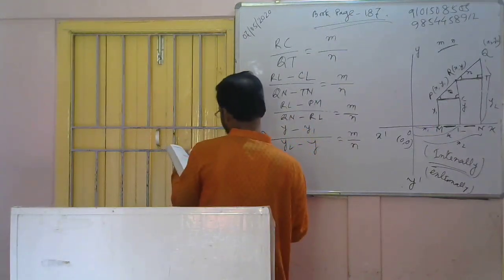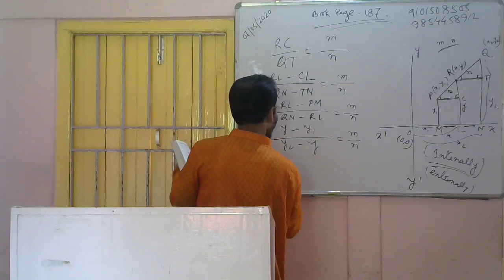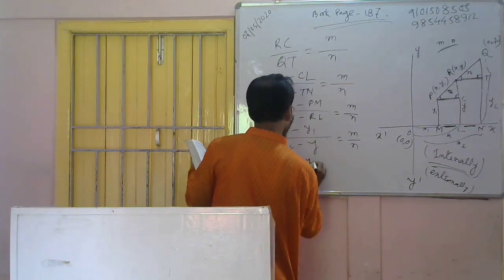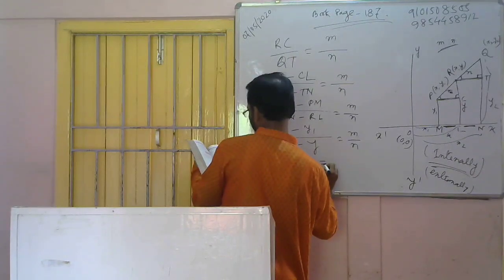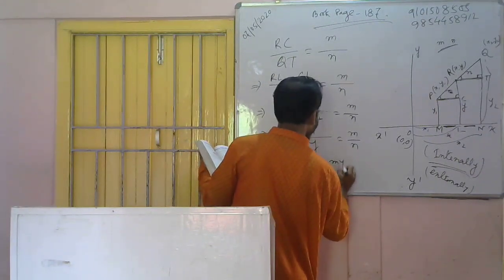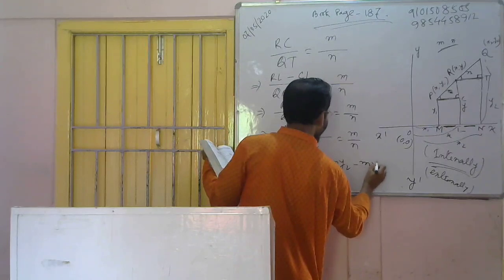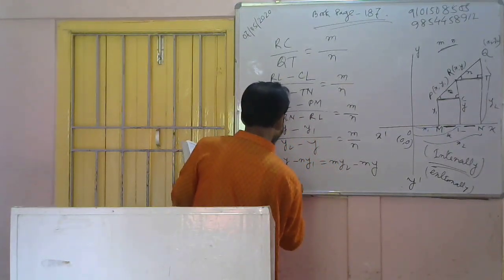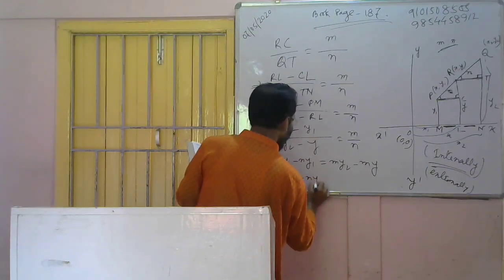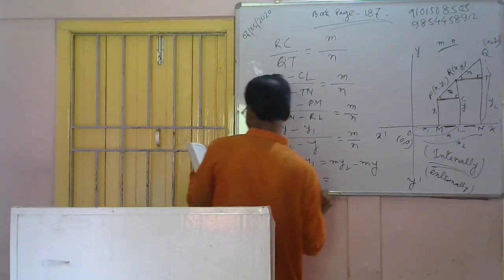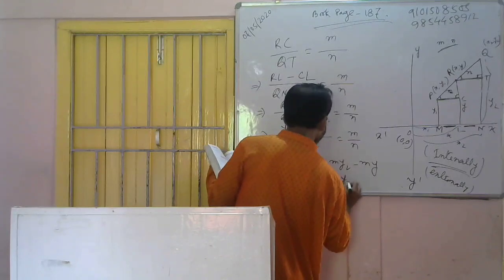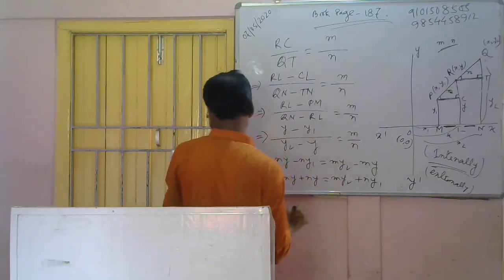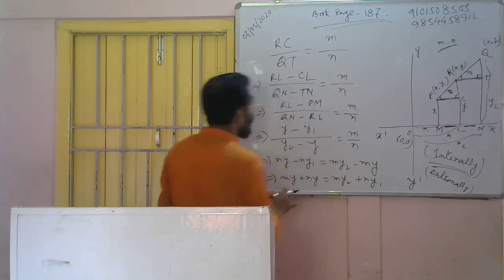So we are getting ny minus ny1 is equal to my2 minus my. So interchanging, we are getting my plus ny is equal to my2 plus ny1.